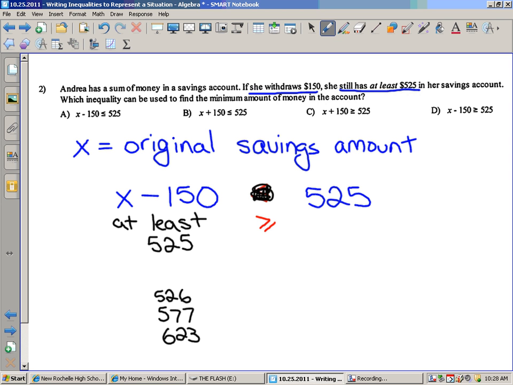It always wants to eat the bigger quantity. And so the answer is x minus 150 is greater, right here.